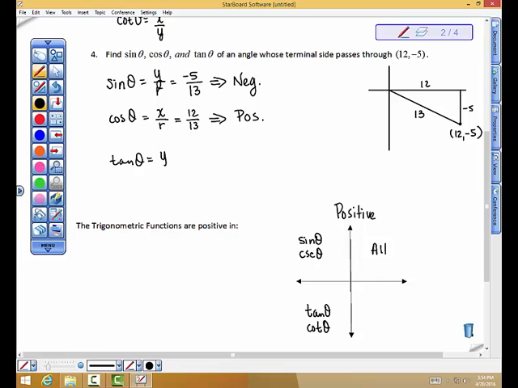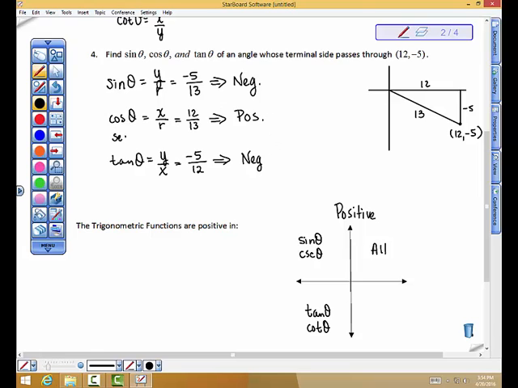Let's go to tangent. Tangent is defined as y divided by x. In this fourth quadrant, my y value is -5, and my x value is +12. And so a negative divided by a positive is a negative. So would you again notice that two of the trig functions are negative in the fourth quadrant, and their reciprocal functions.